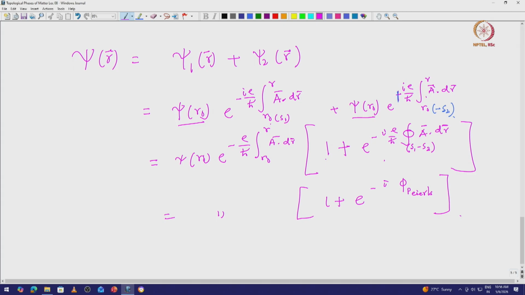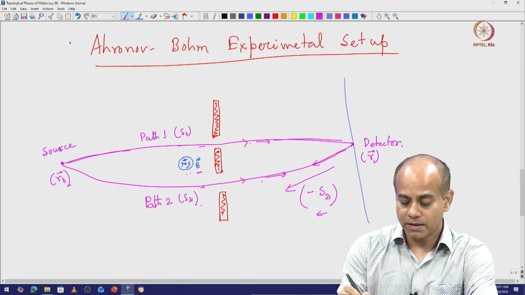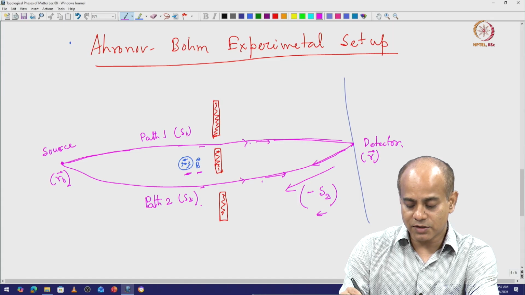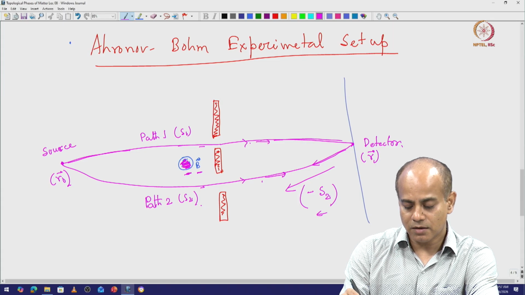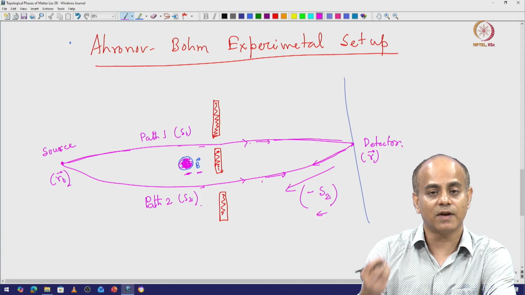So, you will get an interference pattern now due to the Peierls phase. The interesting thing is that both electrons have not experienced the magnetic field, but they are still affected by the magnetic field, because it has actually changed the underlying topological space by creating a hole here through which a flux is passing.